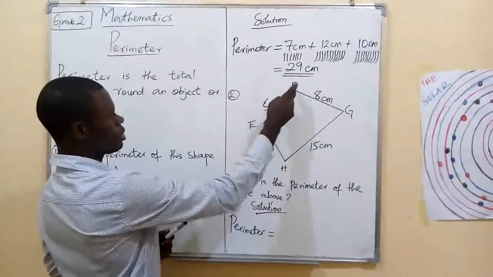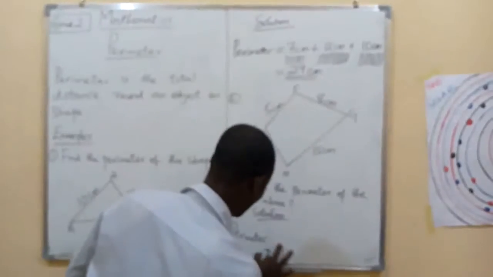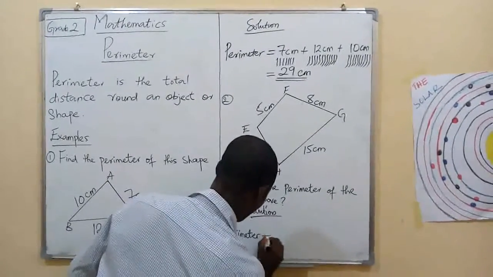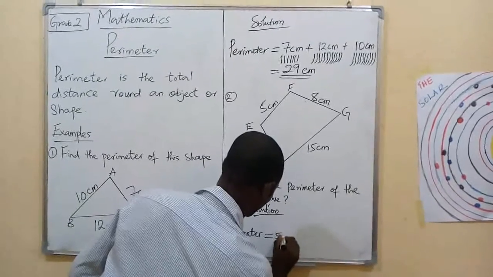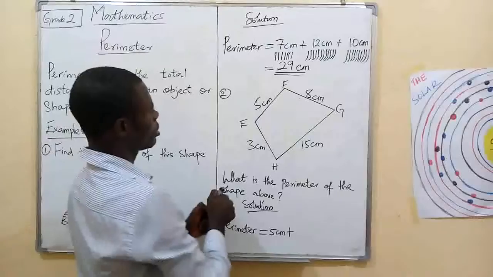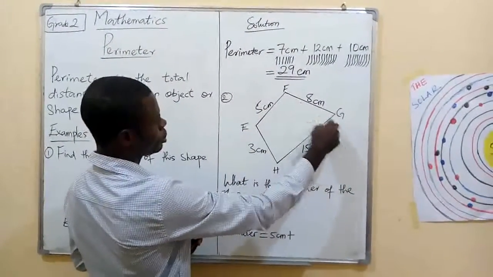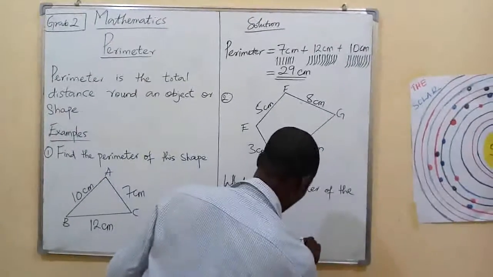So let's start with EF. EF is what? 5 centimeters. So what we have here is 5 centimeters plus the next side, FG. FG is what? 8 centimeters.